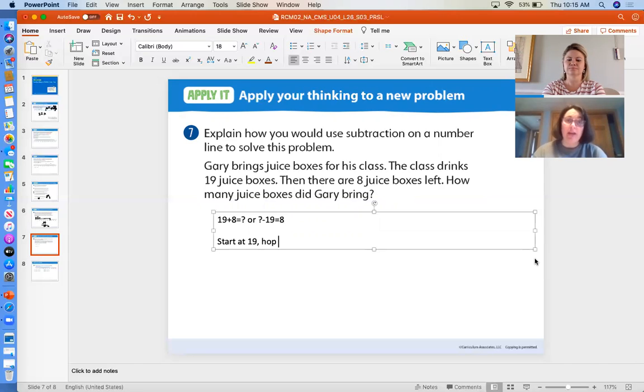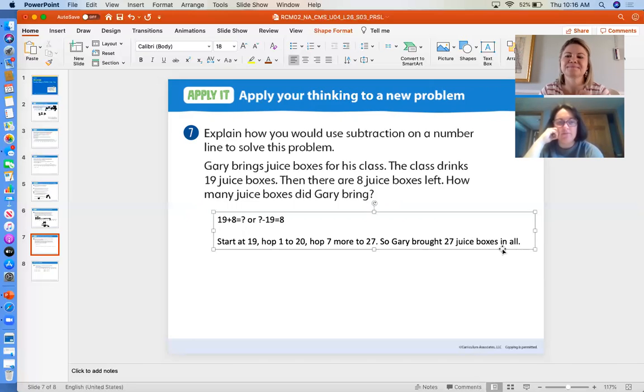So I would probably go 19 to 20, gets me 1. Then 20 to... I have to think about it. In words, it's a little bit harder, right, than when you write it out. So he brought 27 juice boxes for his class.